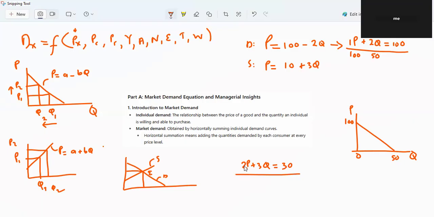There's a 2. 2 into 30 is 15. What number is before the Q? There's a 3. 3 into 30 is 10. So if we want to sketch here, we know demand is downsloping. So why would it cut the P at 15? Why would it cut the Q at 10? Then the origin is 0.